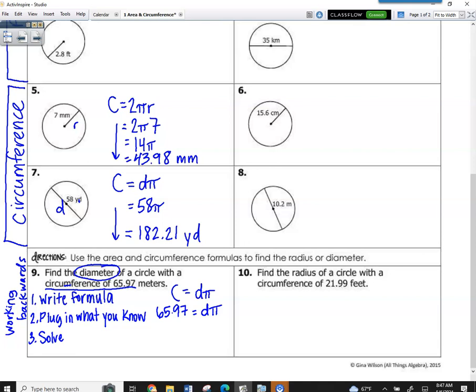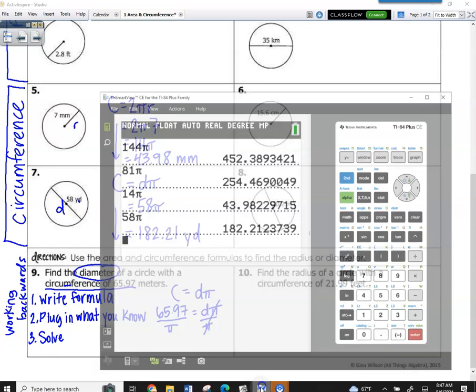What's in the way? Pi's in the way. How's it attached to the D? Multiplication. So I undo that by dividing. So I'm going to come over here and divide by pi. That cancels. Looks weird, but it works. Then I'm going to go to the other side and divide by pi, and that's what I'm going to type in the calculator. 65.97 divided by pi.